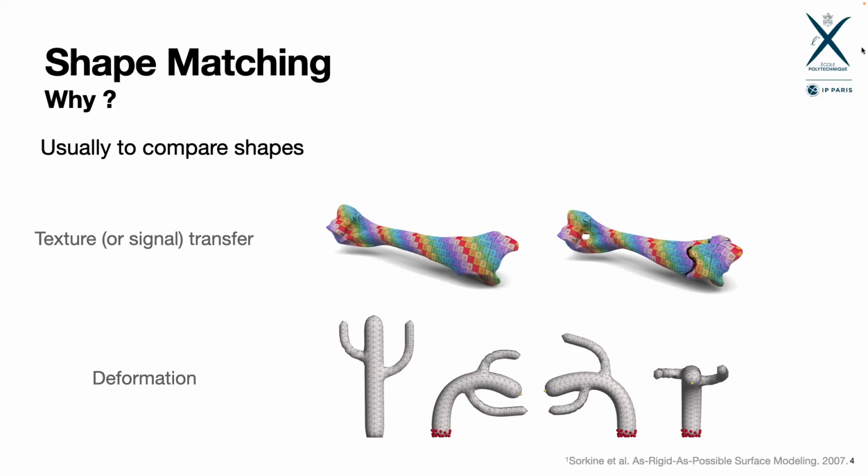It's not necessary in order to get the deformation, but if you have correspondences, you have the deformation. But I'm not going to dive into too many details about this.